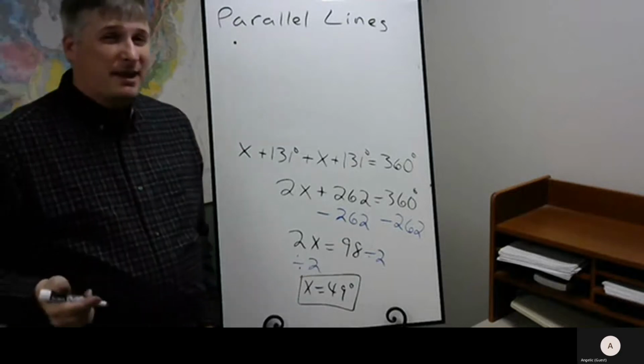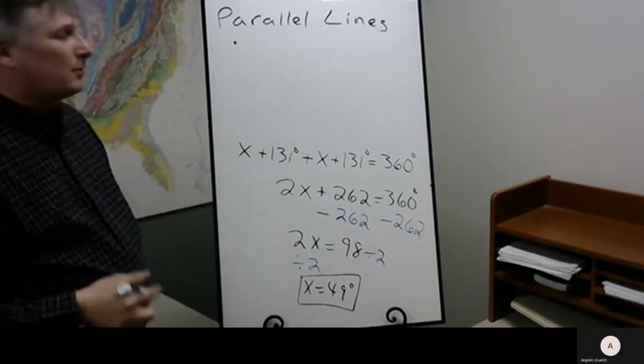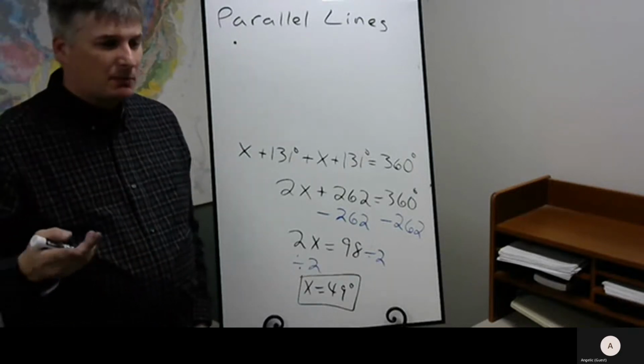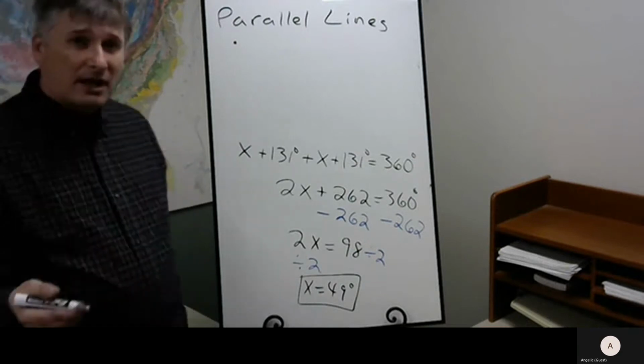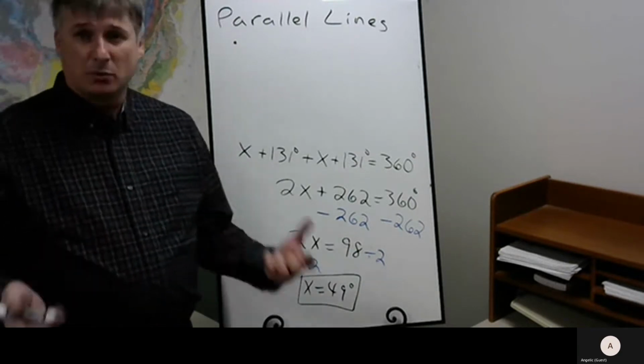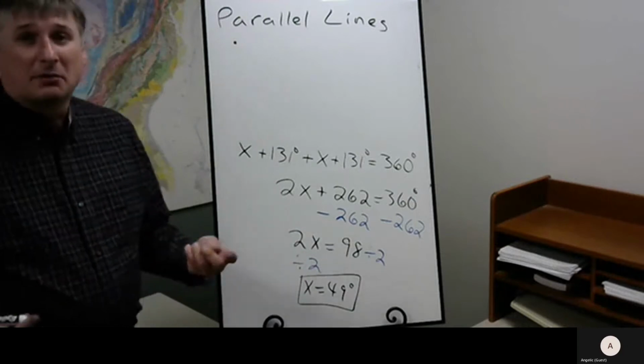Probably the easiest way to imagine parallel lines, well, there's a couple ways. People will sometimes say that they're lines that never cross, or they're lines that keep the same distance between them. So you can think of it either way.